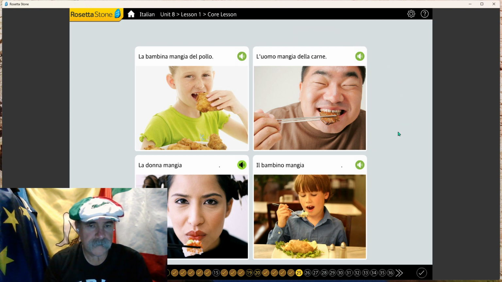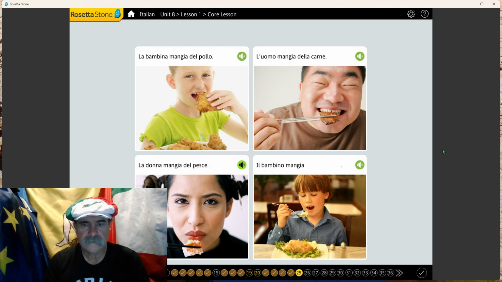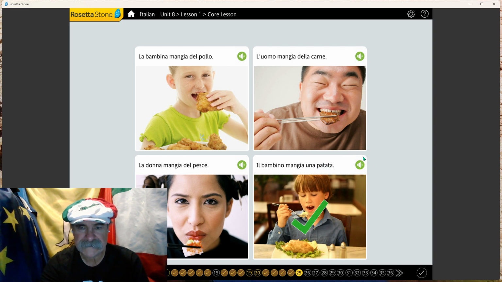La donna mangia del pesce. I'm going to go with that being fish. Il bambino mangia una patata. This looks like a big piece of chicken, but I guess it's just half the potato.